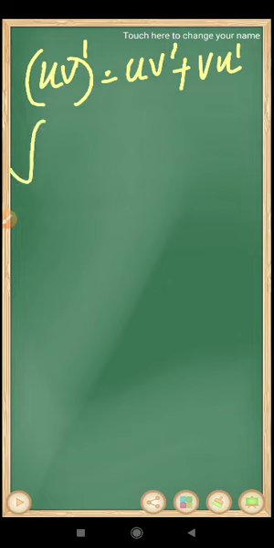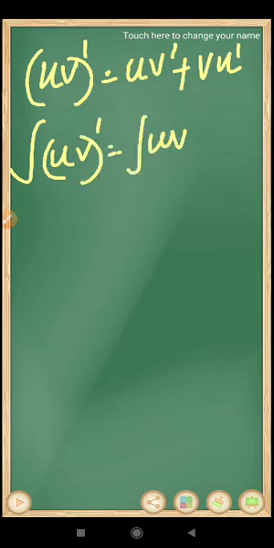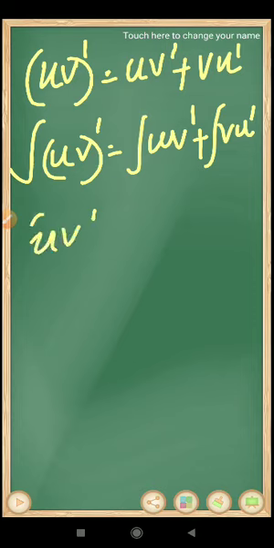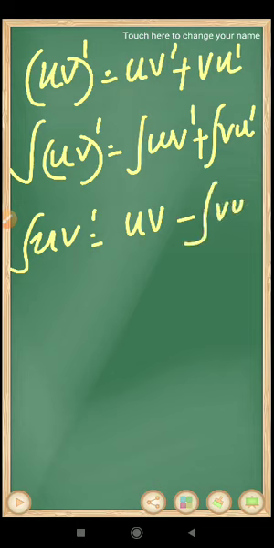The integration of u into v derivative plus v into u derivative, basically u into v, this integration and derivative cancel out each other, so only u into v remains, minus integration of v into u prime.